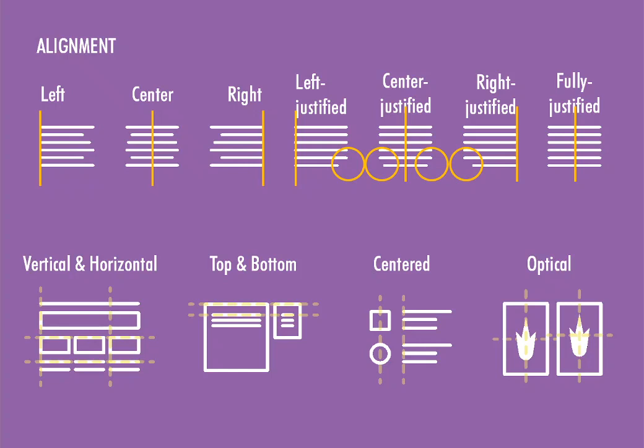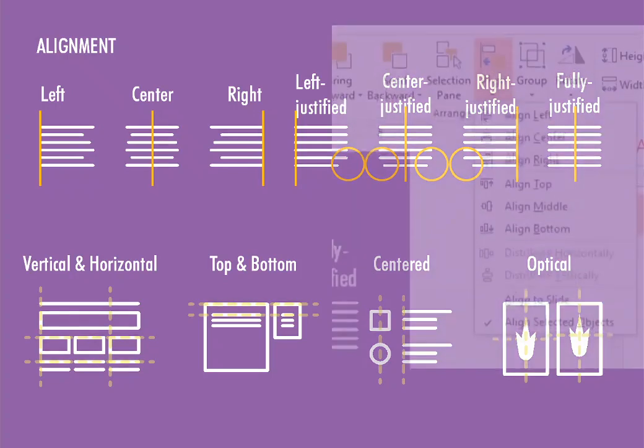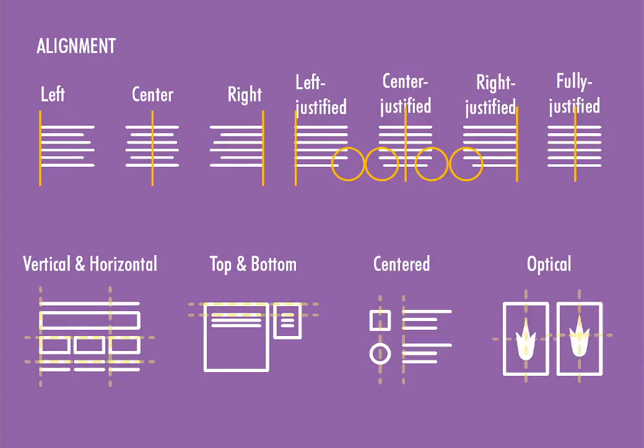For bigger and more complex design elements, like a group of images or a box of contents with both images and texts all together, for that case, here are these vertical and horizontal, top and bottom alignment and centered alignment, or the optical alignment.